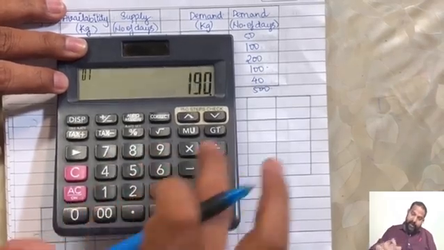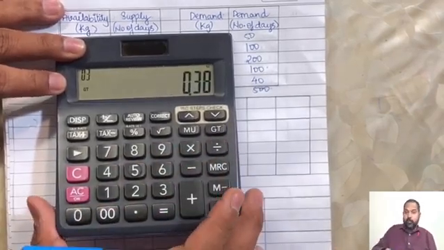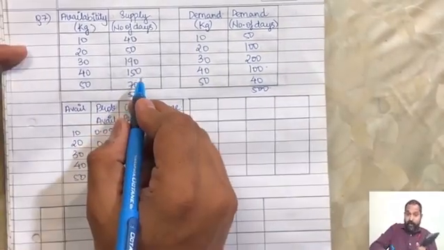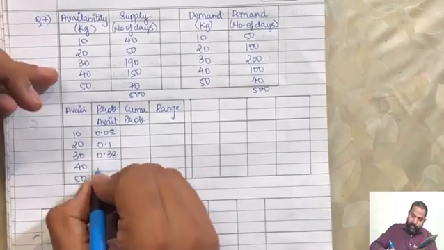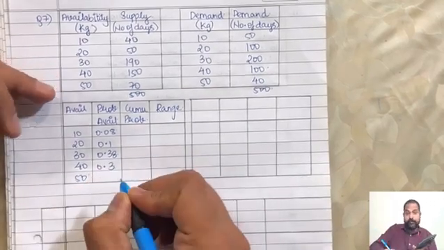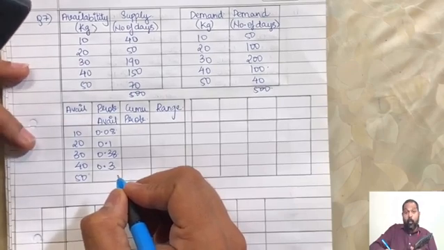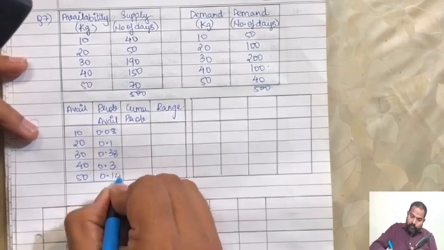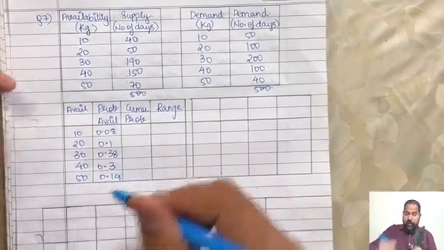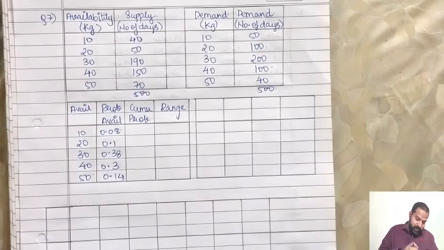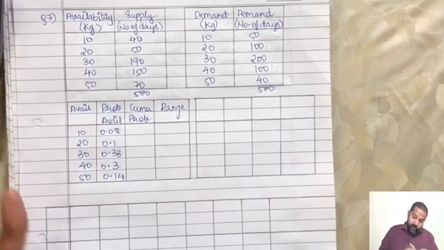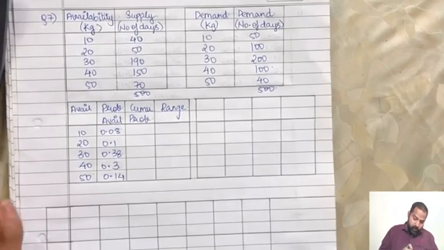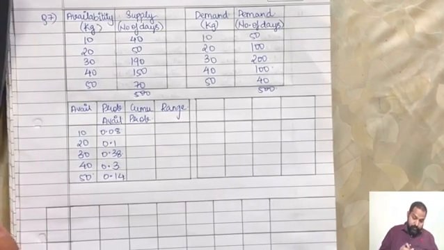Check. 190 divided by 500. 0.38. 150 will become 300 divided by 1000 is 0.3. And 70 will become 140 is 0.14. Check if the total adds up to 1. If it does, then your calculation is correct. So 0.08 plus 0.1 plus 0.38 plus 0.3 plus 0.14 is 1.